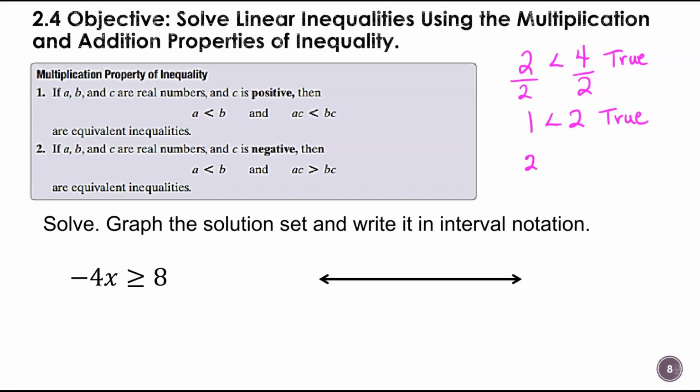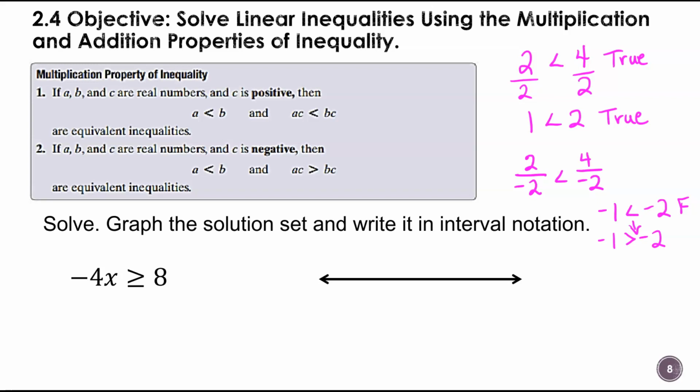But if I said divide by a negative 2, then I would get that negative 1 is less than negative 2, and that is false. So the only way to make that true would be to say negative 1 is greater than negative 2. Notice I have to switch the direction of my inequality because I introduced that negative number in there.